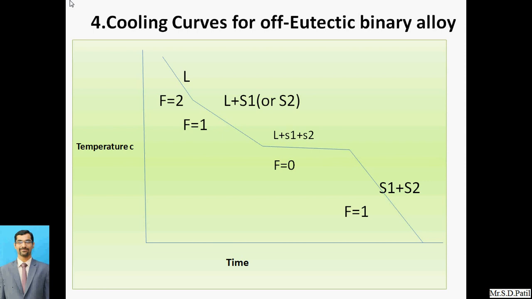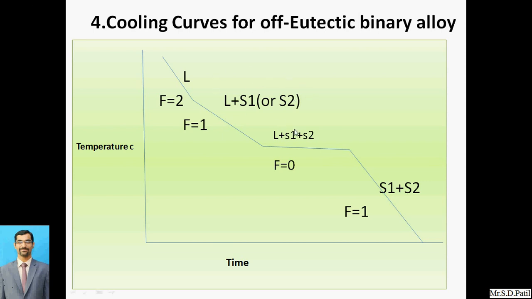But if the composition of the alloy differs from this, it's called an off-eutectic alloy. Off-eutectic alloys are either hypoeutectic or hypereutectic. What is the meaning of hypoeutectic and hypereutectic? A hypoeutectic alloy has a composition less than the eutectic composition, while a hypereutectic alloy has a composition more than the eutectic composition. So the composition may vary.